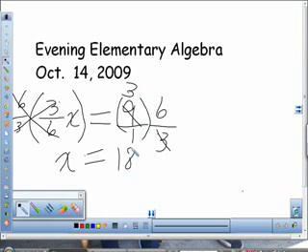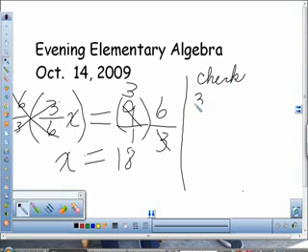Now what should we do after we have solved a problem to be sure we have it? Check it. And we check it against what? The final equation or the original equation? So we're going to go back to our original: 3/6 times x was equal to 9. And to check it, what are we going to replace x with?